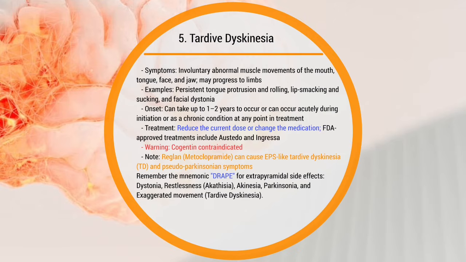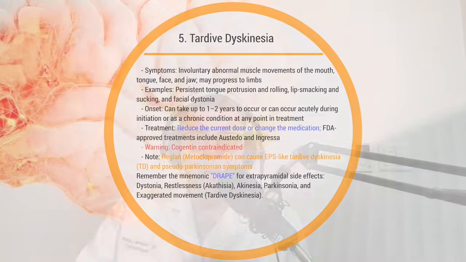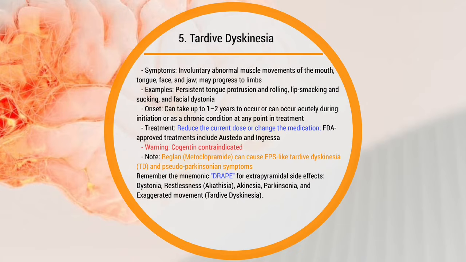So, what is TD? It's an involuntary abnormal muscle movement of the mouth, tongue, face, and jaw. It may progress to the limbs, right? Usually, you would see TD with antipsychotics. There are other medications like Reglan that could cause TD as well, but antipsychotics are the major class of medications, and usually after a 2-year period, and less so with the second generation compared to the first generation, right?